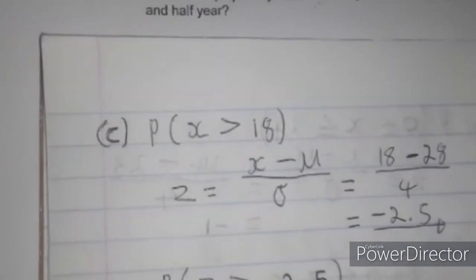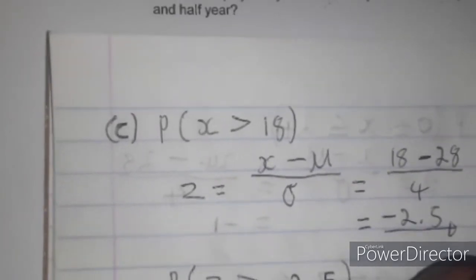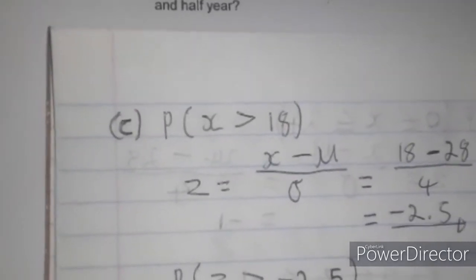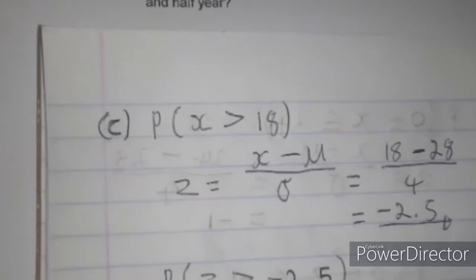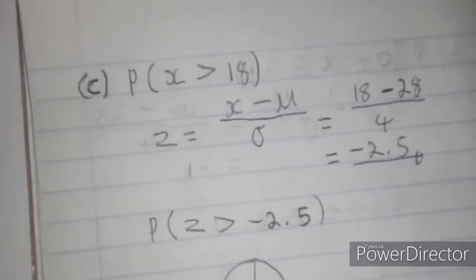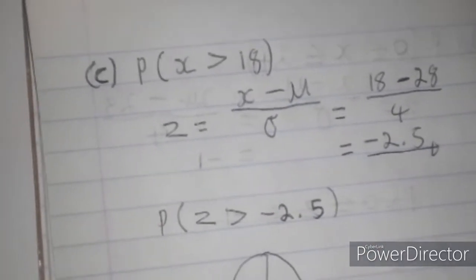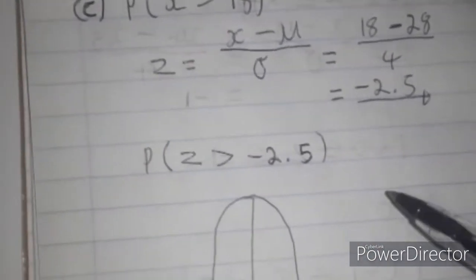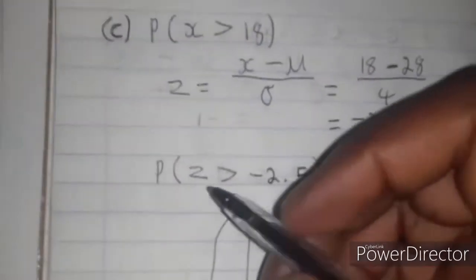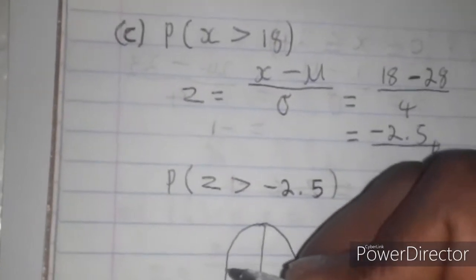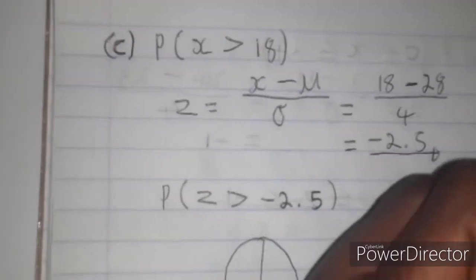The following step is to draw the normal distribution curve. In the middle, it's 28 months. Then 18 months is less than 28, which means it is negative because we got the negative Z value.